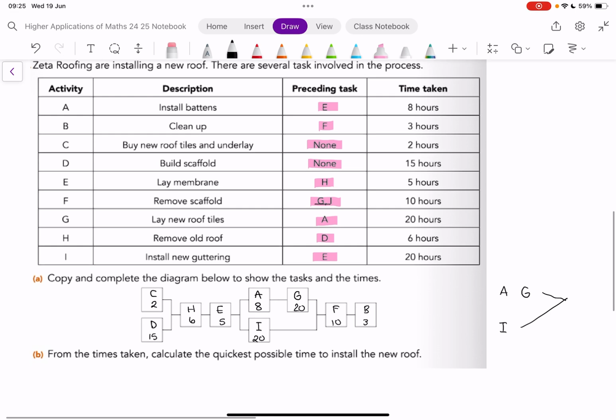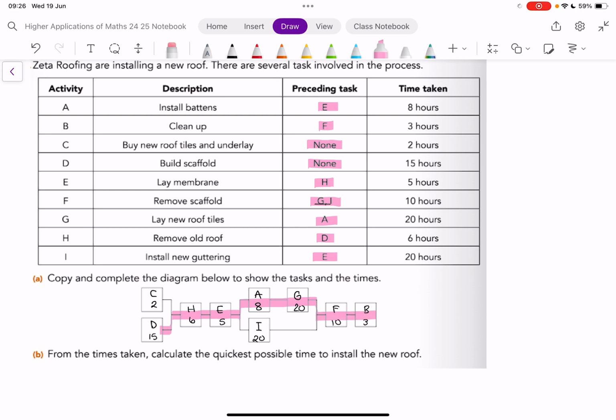Okay, so again, we would then use our chart to determine the longest amount of time. So when C and D are both happening, I've got to go with 15. That goes into 6 and 5. Now I've got 2 routes that I can go. So I can either go through I on its own, down here, or I can go through A and G up at the top, which is the one that I'm going to go through because that takes 28 hours, whereas I only takes 20 hours.